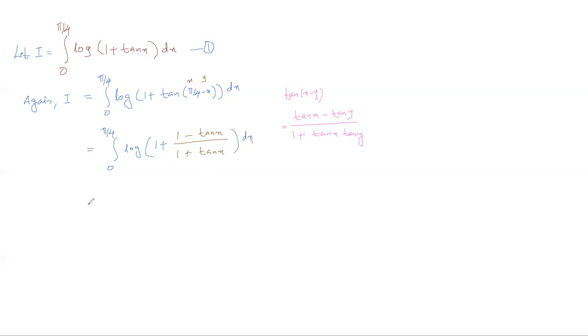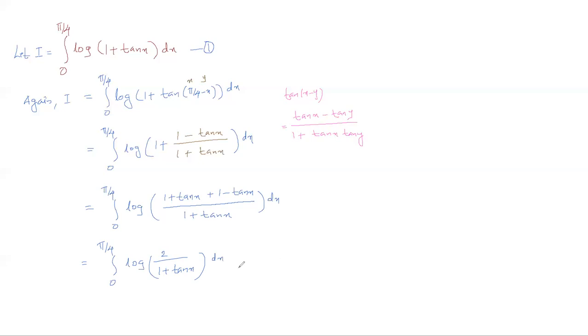dx. So which is equal to integral 0 to pi by 4 log of 1 plus, cross multiply, (1 plus tan x plus 1 minus tan x) the whole divided by 1 plus tan x, dx, which is integral 0 to pi by 4 log of, tan x minus tan x cancels, 2 divided by 1 plus tan x, dx.